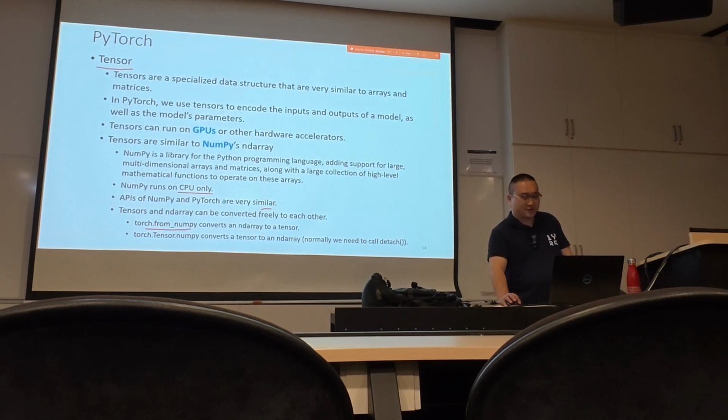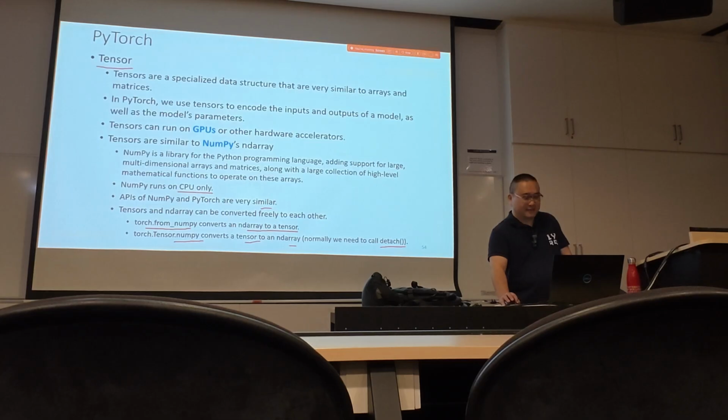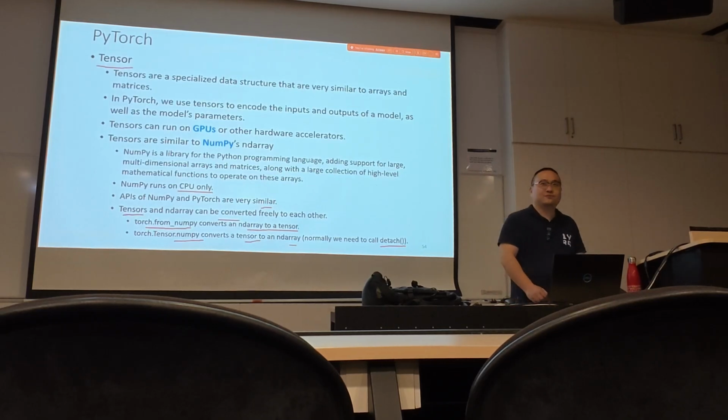In this way, you can convert an ndarray to a tensor. Or you can convert a tensor to an ndarray. For example, given a tensor, you can call .numpy. Sometimes you may need to call detach, and you can see the examples later. But what you need to know is that you can convert between tensors and NumPy arrays. And in lab 1, you will experiment with NumPy and torch.